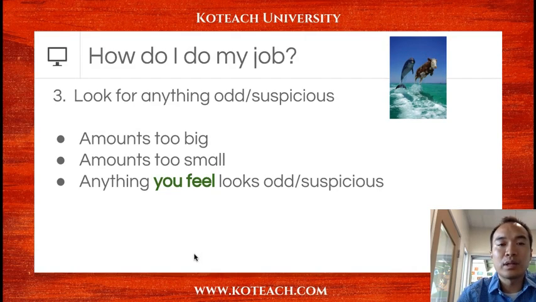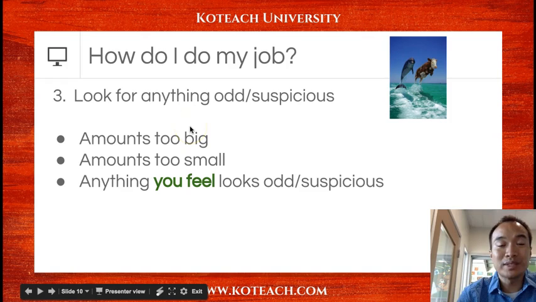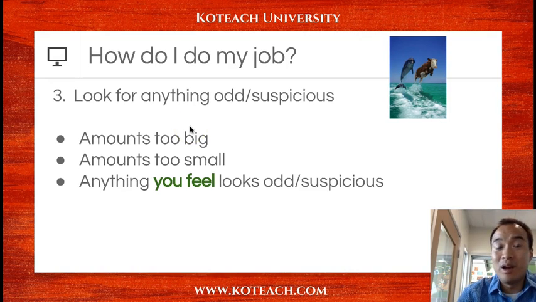All right, the third and last role of your job is to look for anything odd or suspicious. That could be anything really. If amounts look too big, for example, if someone pays the life cycle and they pay a really big amount in your opinion, then email me and let me know.